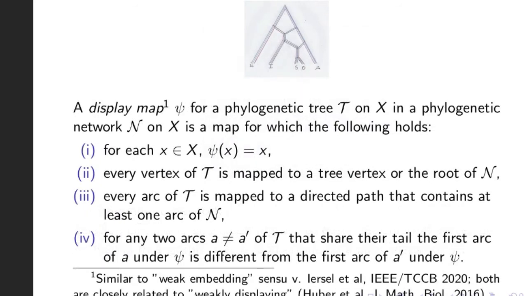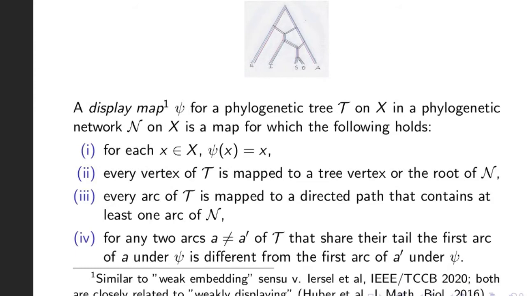Now, in order to understand what's going on, we have introduced the notion of a display map. The definition of such a map is given here. What it says is that a display map has to satisfy 4 properties. Firstly, it has to map every leaf in the tree to the corresponding leaf in the network.